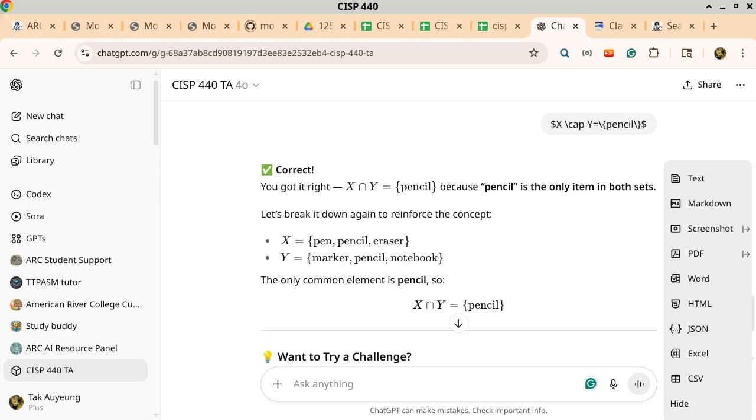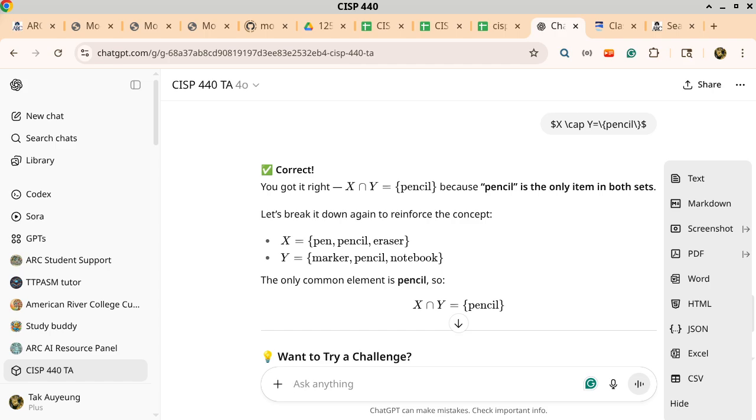But you can also see why this is helpful. If you have any doubt, like I'm not really sure I'm getting this concept, you can ask ChatGPT in this custom GPT for some questions to practice, and then you can give your answer to ChatGPT. There's always a chance that it can grade you incorrectly.